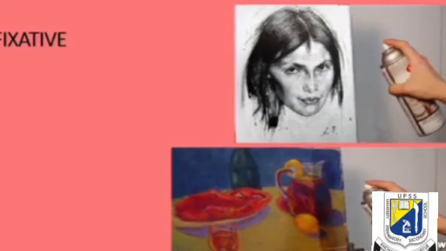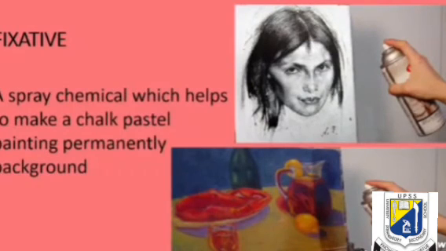Then the next word is fixative, a sprayed chemical which helps to make a chalk or pastel painting permanently fixed on a background. On our diagrams, you can see a portrait done with charcoal pencil and the application of fixative to make it permanent.